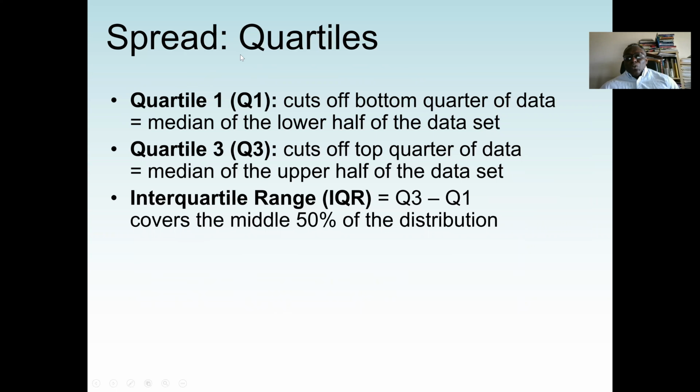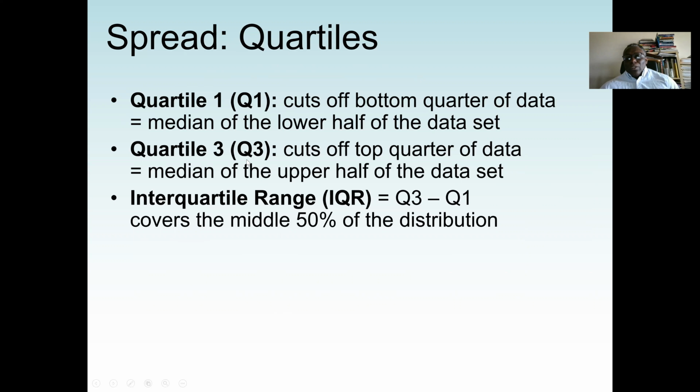Next we go to what are called the quartiles. Quartiles normally give us the 25%, 50%, and 75% locations of the data. Quartile 1 cuts off the bottom quarter of the data, which is the median of the lower half of the data set.